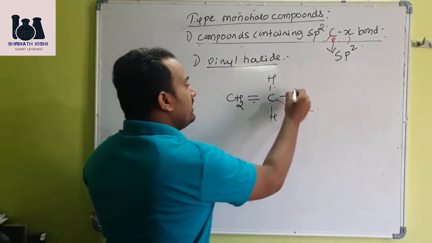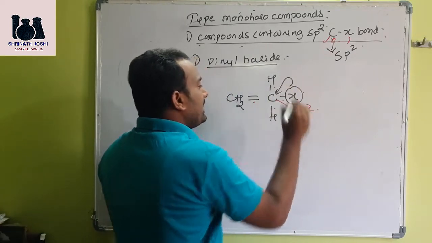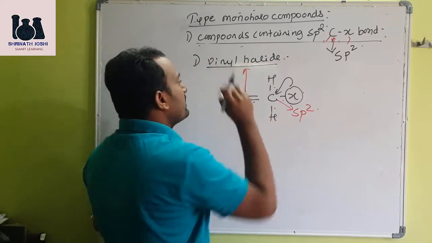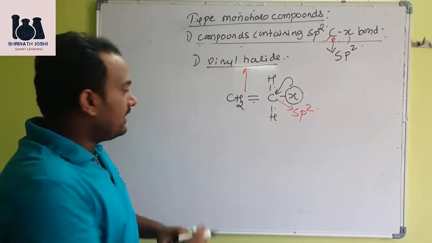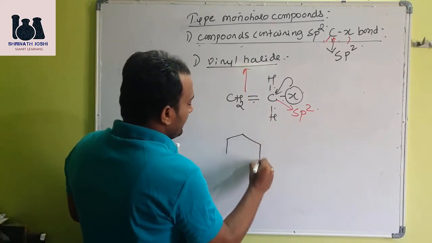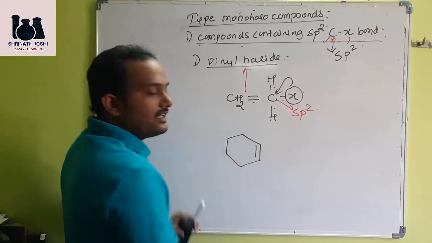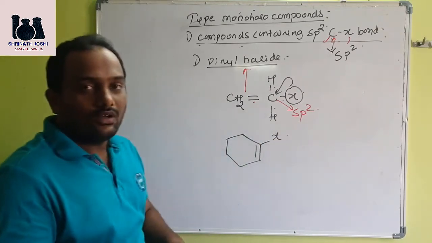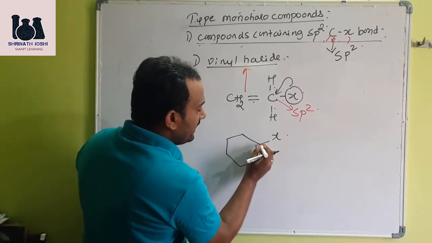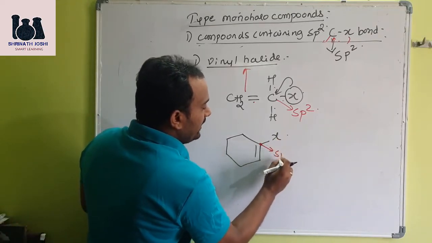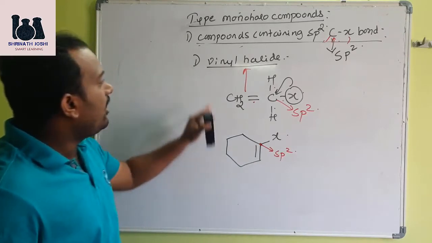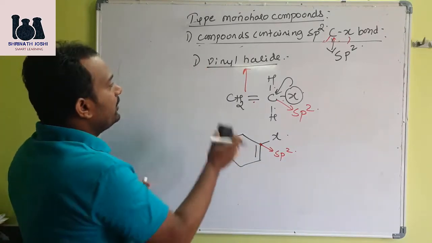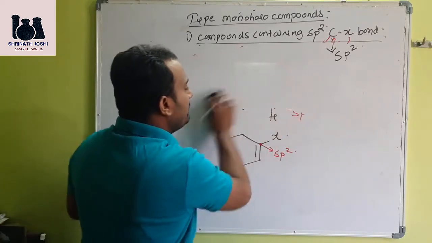Therefore a halogen bonded to a carbon atom of an alkene is called a vinyl halide. Another example: I write cyclohexane, insert a double bond, cyclohexene, then I write X. Look at the carbon where the halogen is attached. That carbon is an sp2 carbon of an alkene, so they are all called vinyl halides.